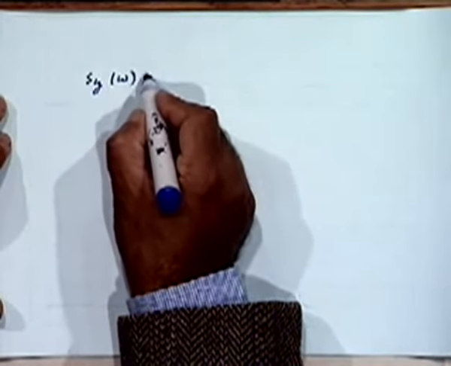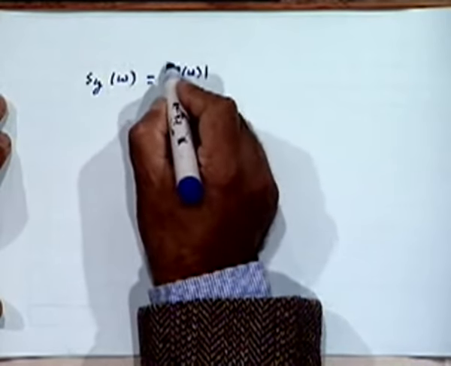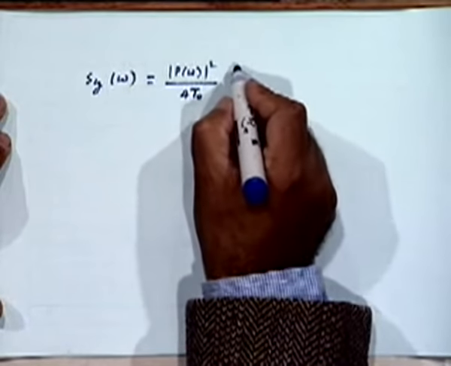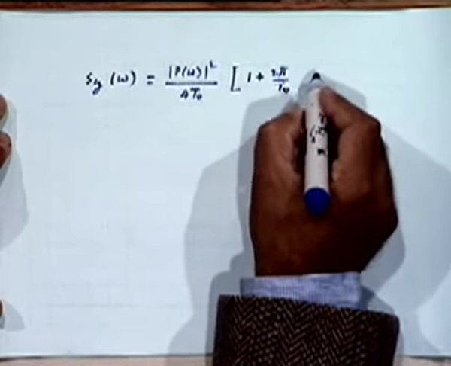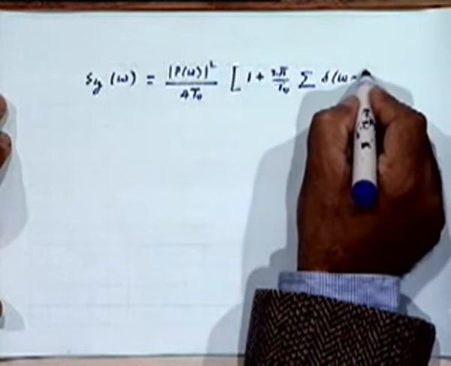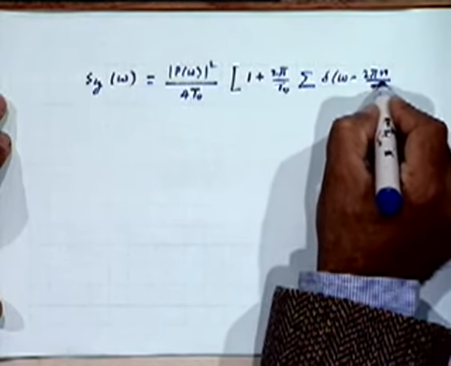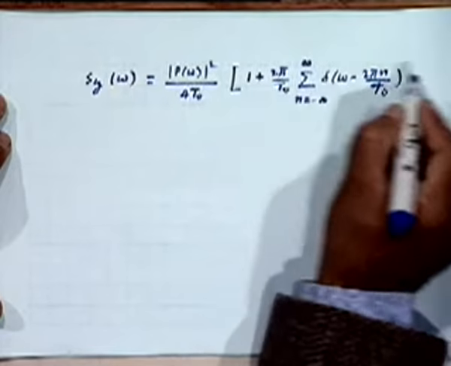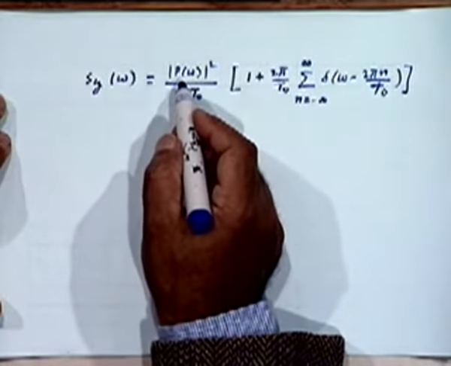Coming now to Sy omega for an arbitrary pulse shape, this will become P omega square upon 4 T0 into 1 plus 2 pi by T0 delta omega minus 2 pi n by T0, n going from minus infinity to infinity, where P omega is the Fourier transform of Pt.